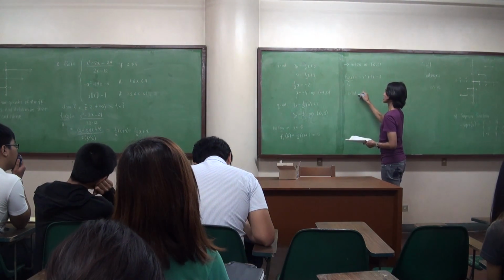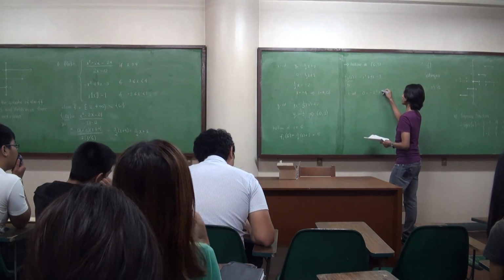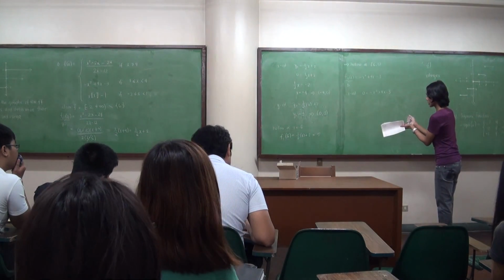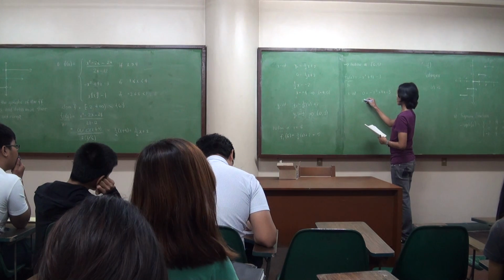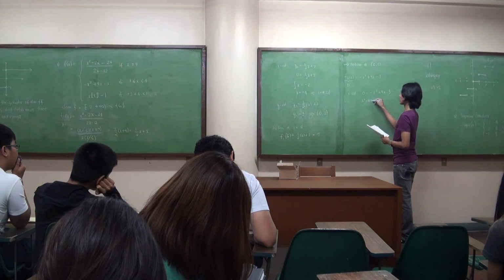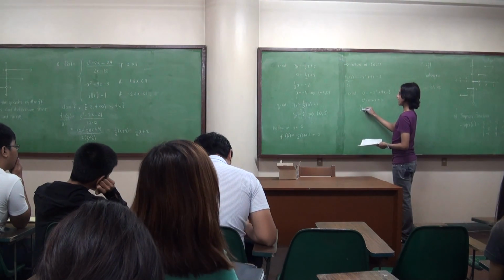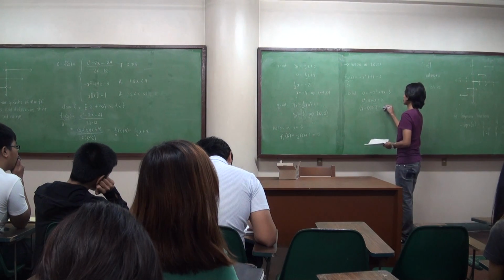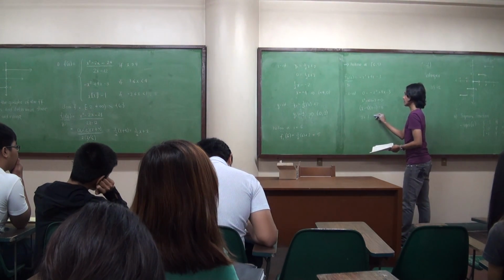Ano ang x-intercept nito? 0 is equal to negative x squared plus 4x minus 3. Or to write this in a friendly way, x squared minus 4x plus 3 is equal to 0. Pag pinactor to, x minus 3 times x minus 1 is equal to 0. So, anong x natin dito? X equal to 1 and 3.